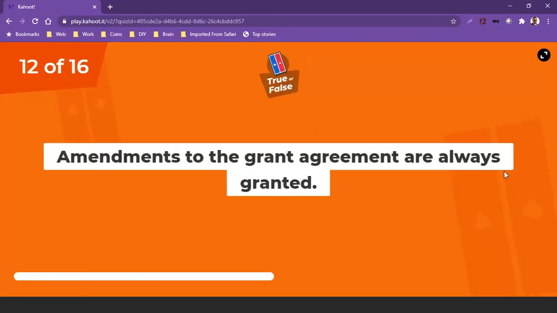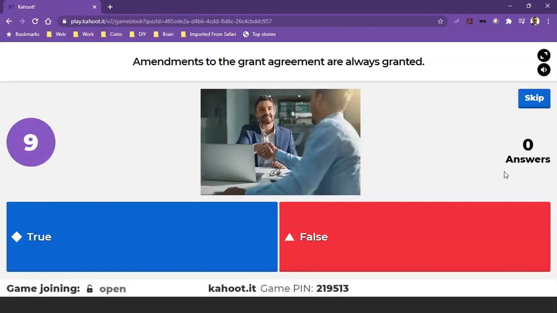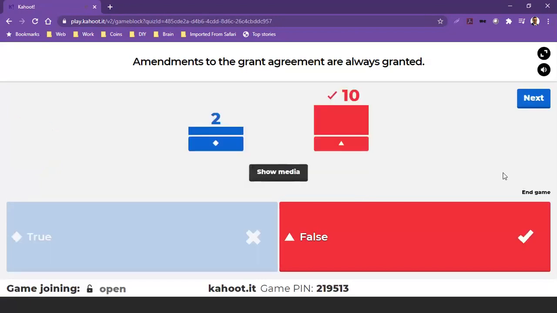Amendments to the grant agreement are always granted. Wow, that's fast responses there. So, if you ask for an amendment to your grant agreement, it is not always going to be granted to you.